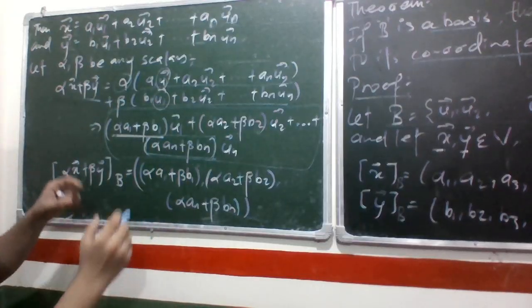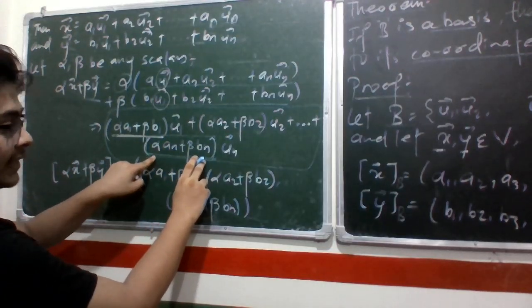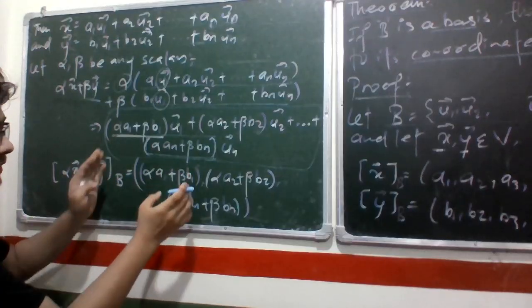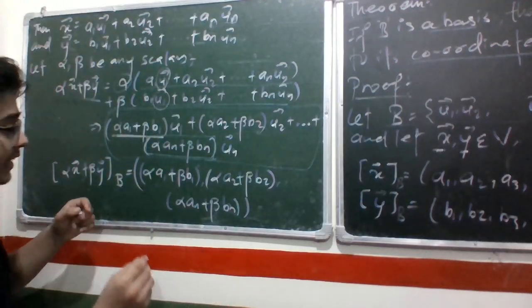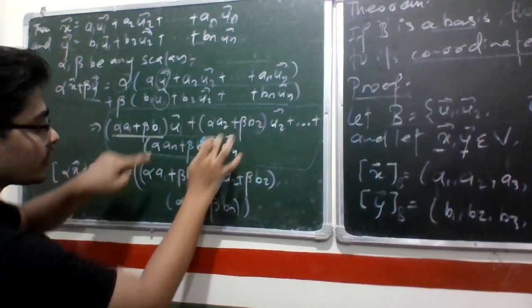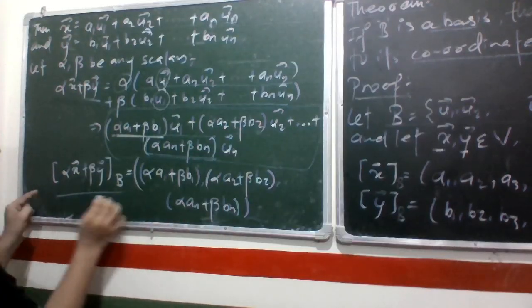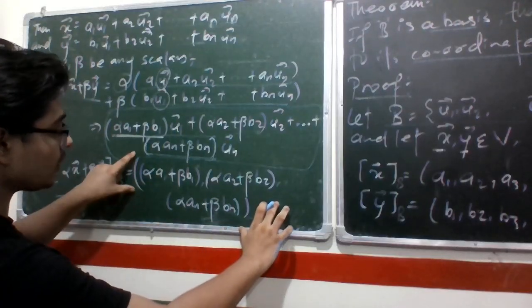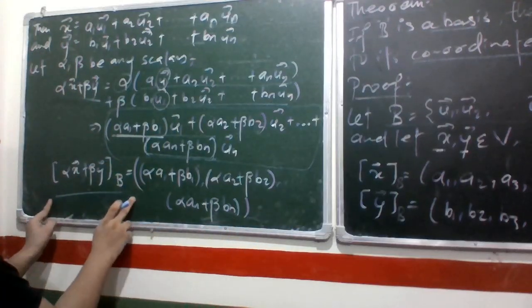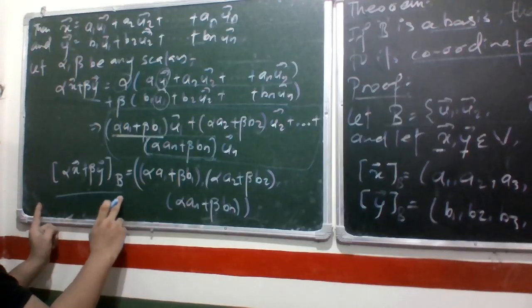Now if we write these constant coefficients in a tuple, then we can say that these actually form this coordinate vector. These are just the components of the tuple of this coordinate vector, right?